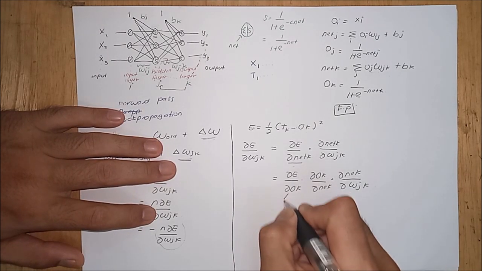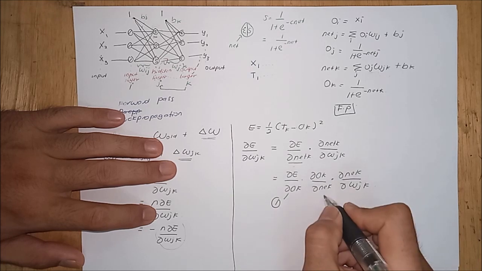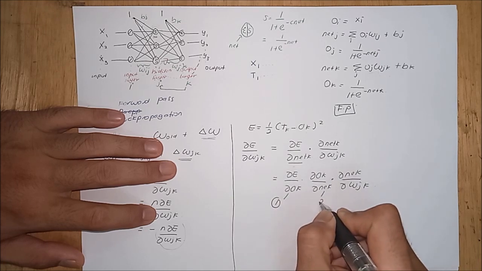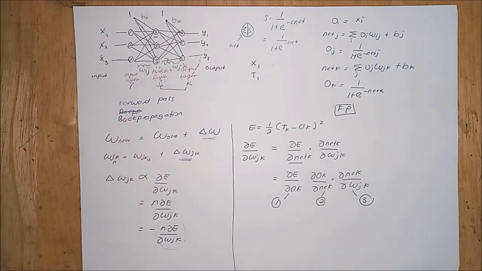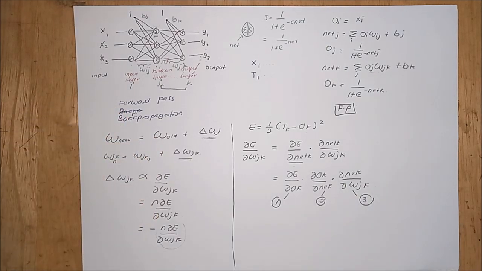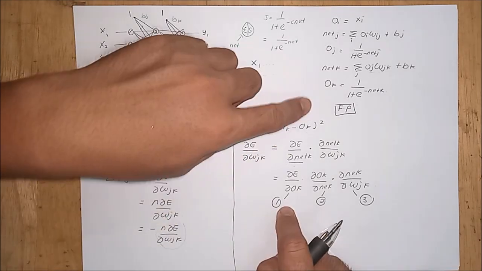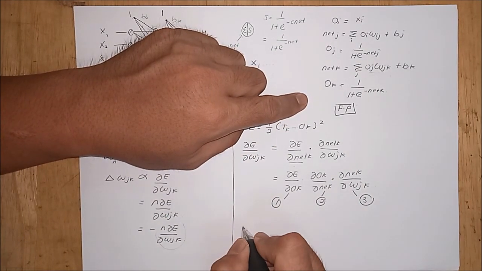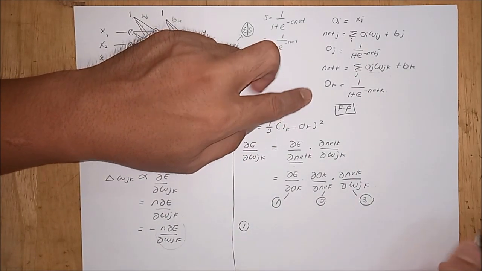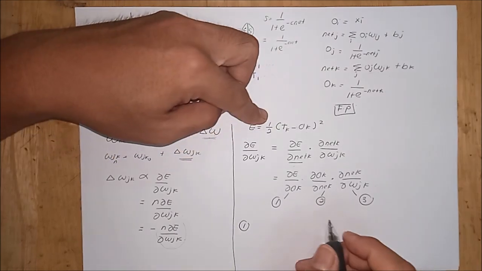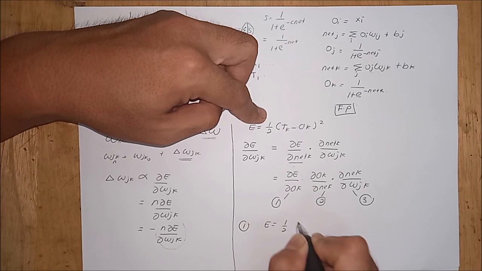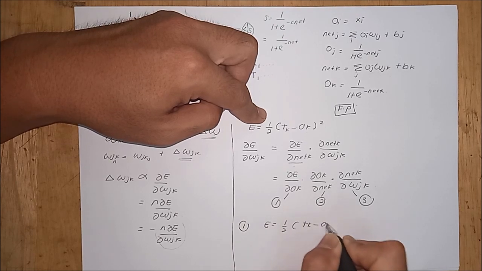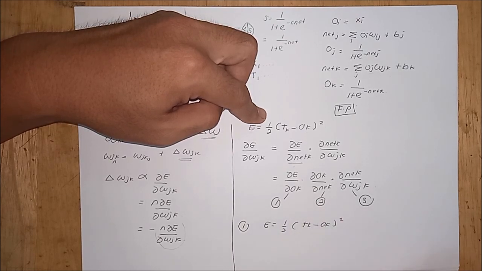So we label this thing as derivation part 1. This part is the derivation part 2, and then this part is the derivation of part 3. So for part 1, E is actually equal to half (tk minus ok) squared.